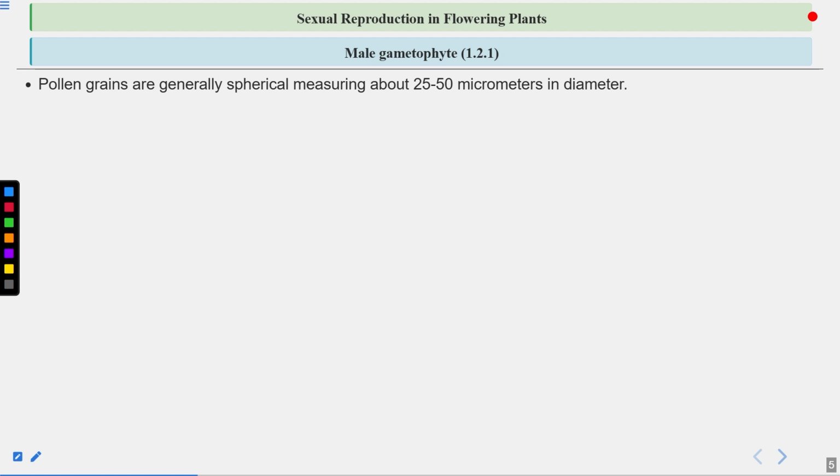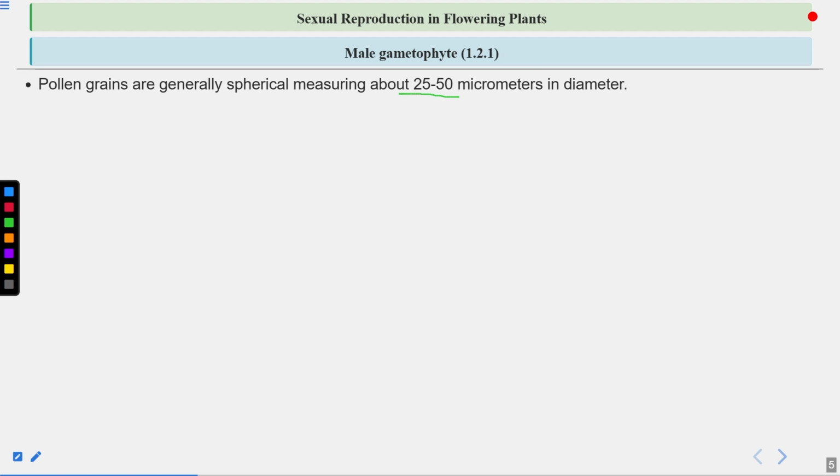This is 1.2.1 part of your NCERT. Pollen grains are generally spherical, measuring about 25 to 50 micrometers in diameter. This is the size of the pollen grain.